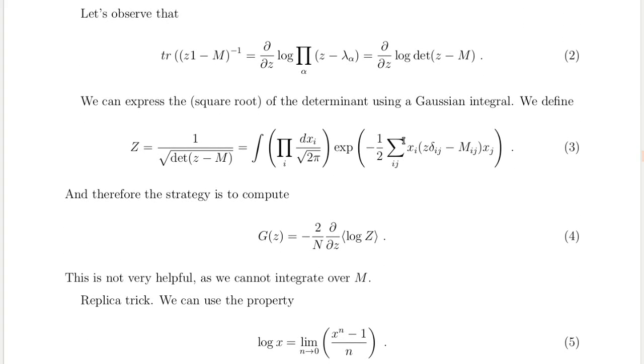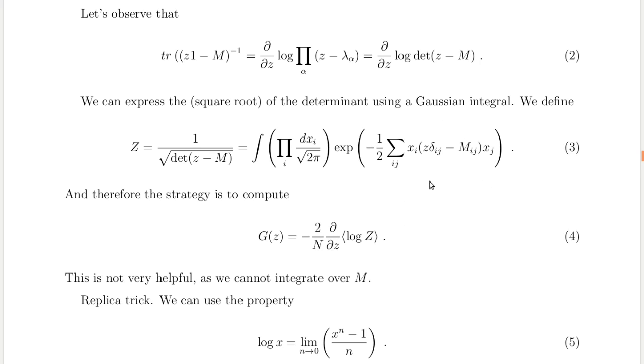So, combining these expressions, our strategy is going to be to compute the average over the matrix M of this quantity here. So what is the form of this term?